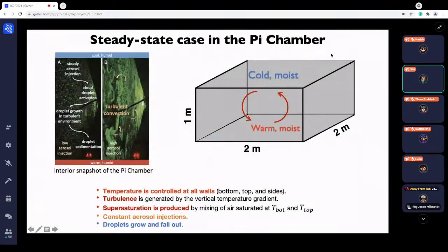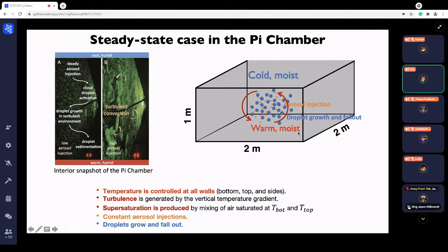Here is just a very quick overview of this case. The geometry of the PyChamber is illustrated on the right. The temperature difference between the saturated top and bottom walls generates turbulence and supersaturation, so aerosols are constantly injected to form droplets.